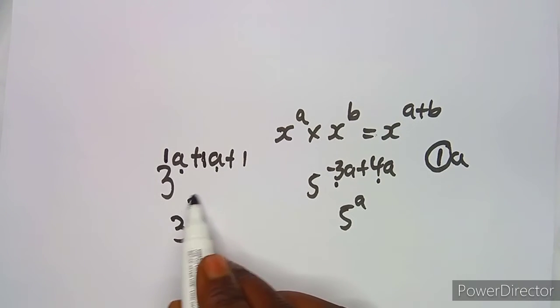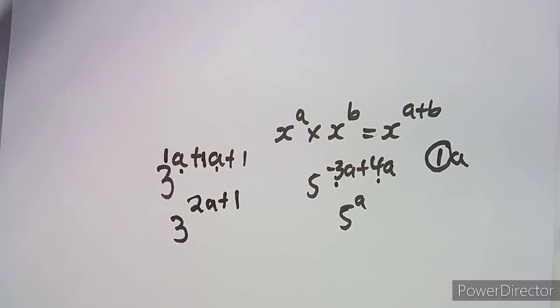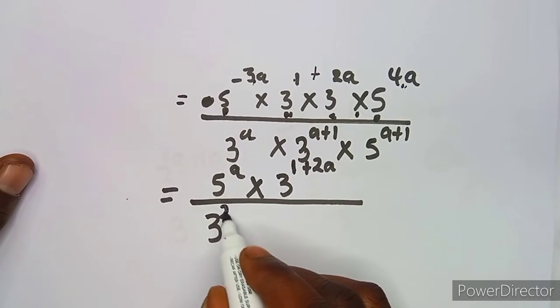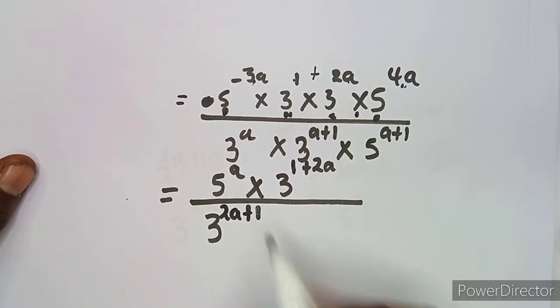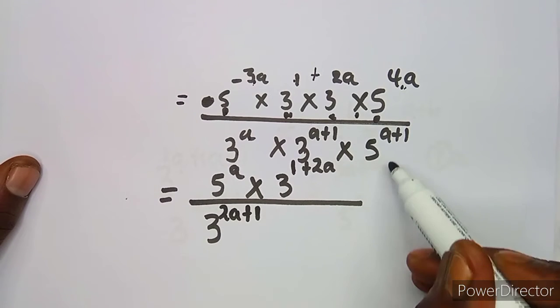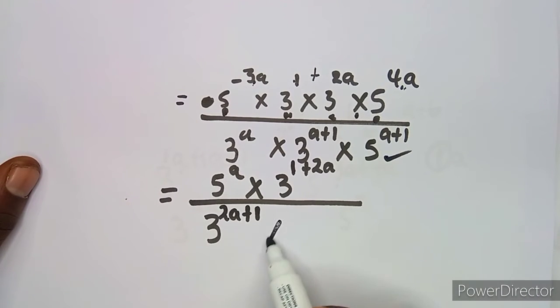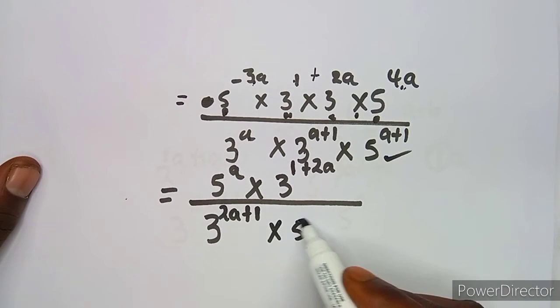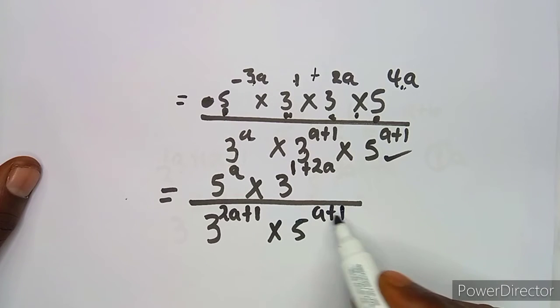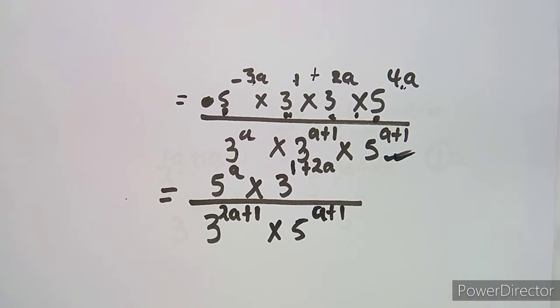So it's 1 plus 1, which is 2. So it's 2a plus 1. All right, so this is going to give us 3 to the exponent of 2a plus 1. Okay, we multiply by 5 to the exponent, because this one has nothing to add or subtract. It's just 5 to the exponent of what? Of a, like that.